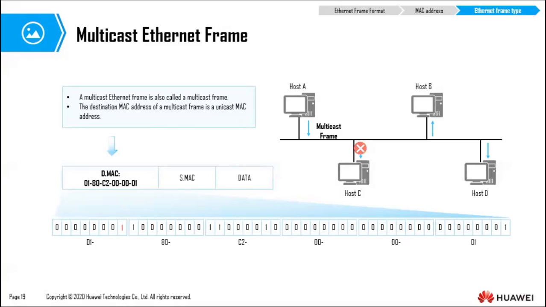We only send to devices that are communicating via OSPF. For example, here we place the multicast packet. This one is not in that group, therefore it drops that frame. This one opens it up. This one opens it up. Again, just to emphasize, that bit of the first octet will always be a 1 for a multicast MAC address.